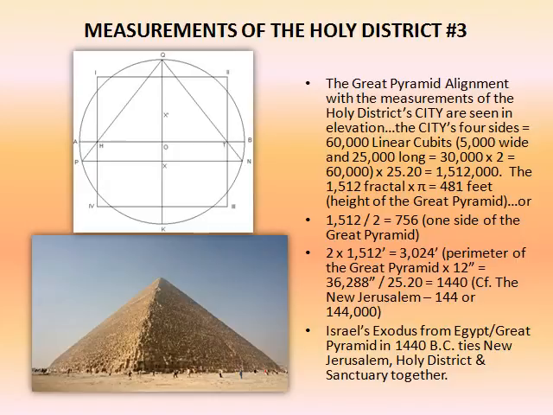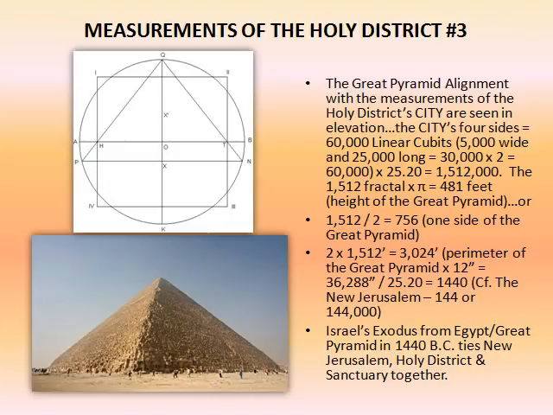The city's 4 sides are equal to 60,000 linear cubits. That is 5,000 wide and 25,000 long, are equal to 30,000, times 2 is equal to 60,000, times the measurement of the sacred cubit of 25.20 inches is equal to 1,512,000.